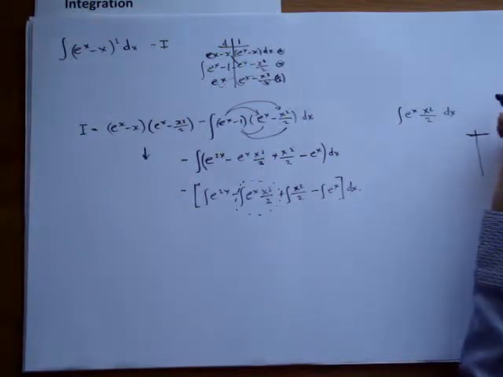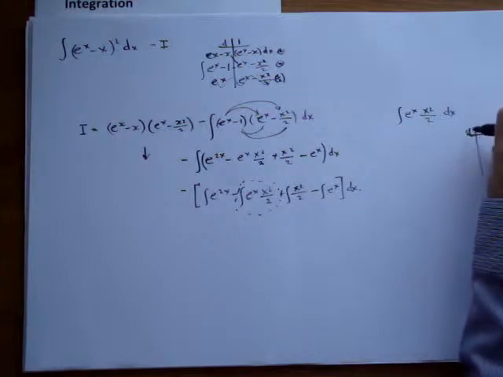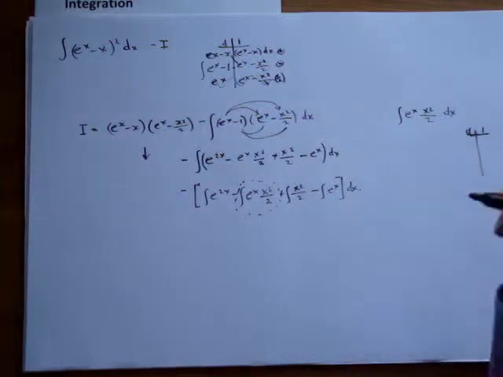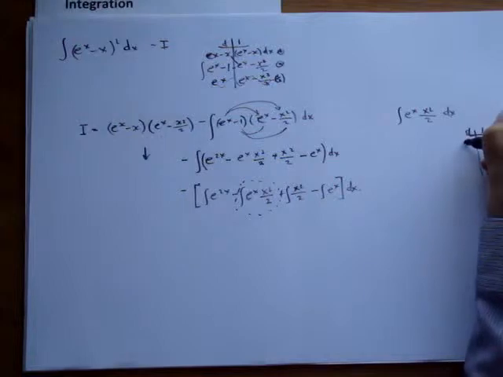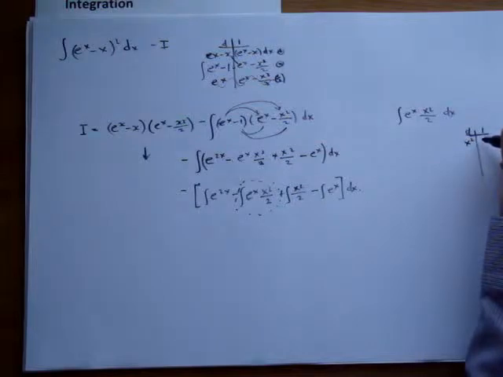Let's put our d and our I. So we're going to have u as x squared, and we're going to have our dv as e to the x dx.